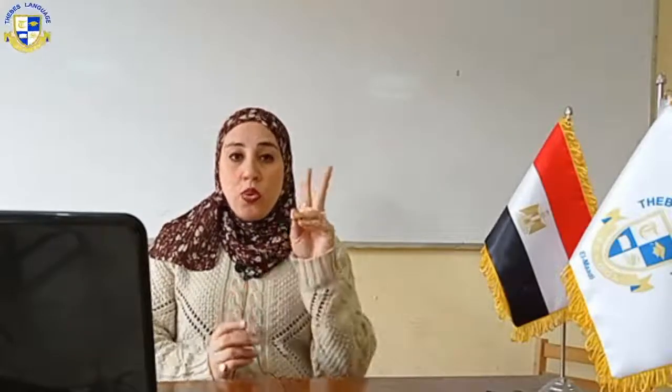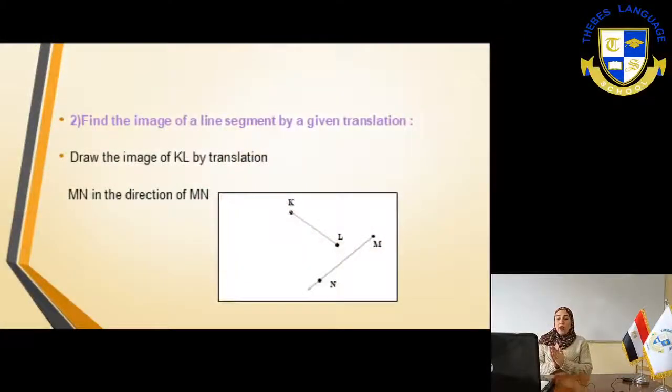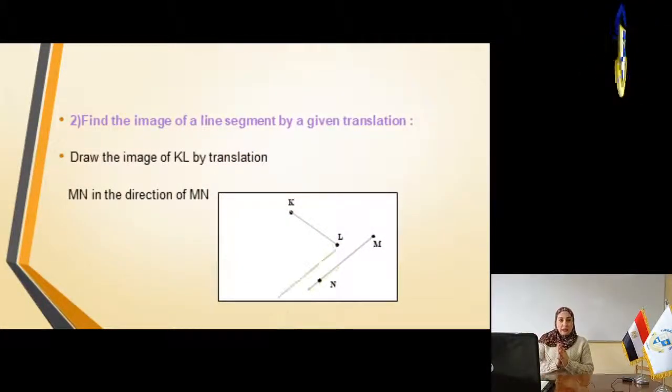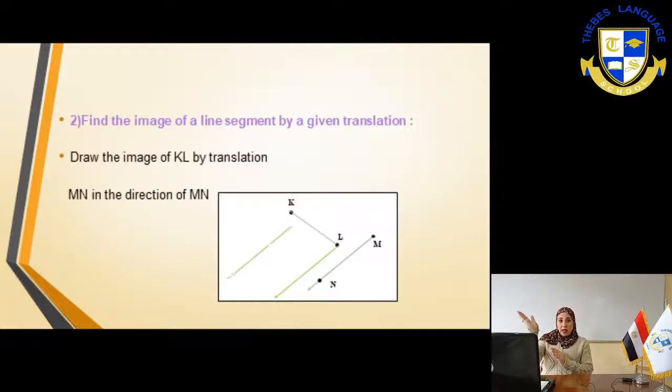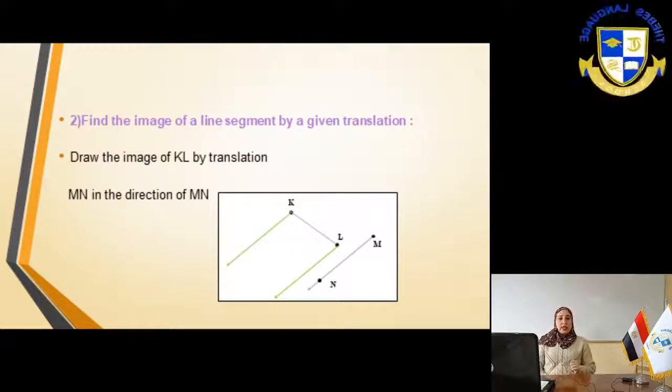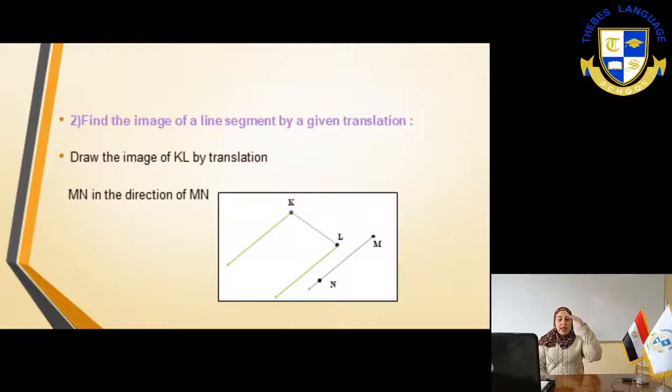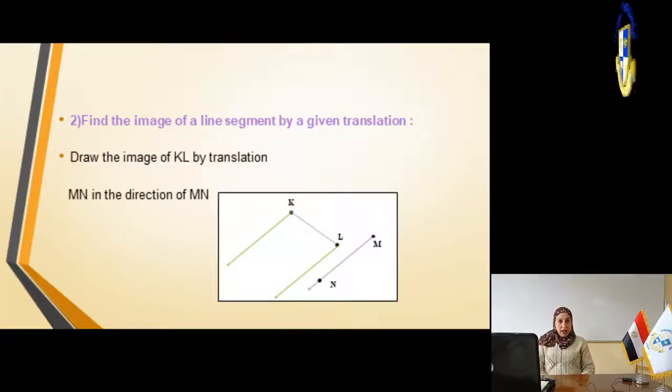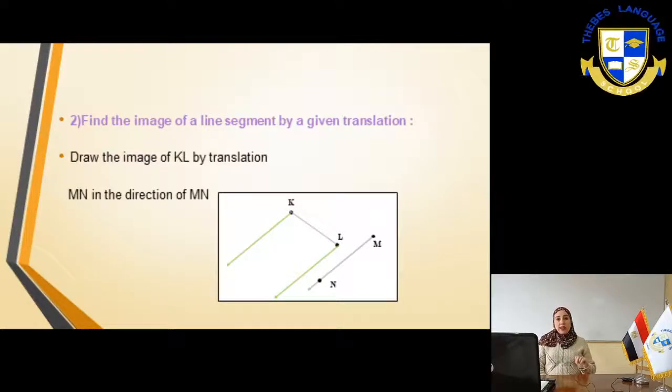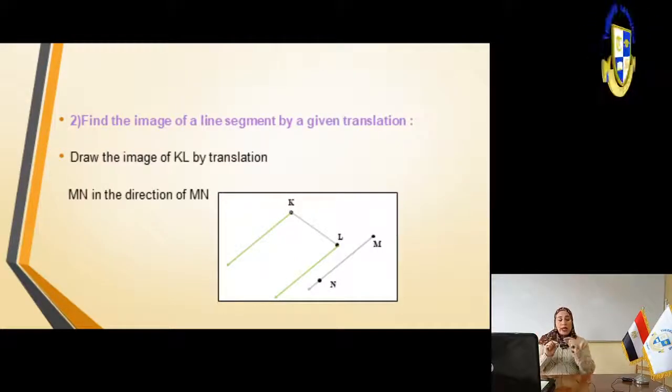Now, I'll start by drawing 2 parallel lines to the MN ray. I'll start from L and draw the first line, and start from K and draw the second line. I'll use these 2 parallel lines to draw the image of KL.